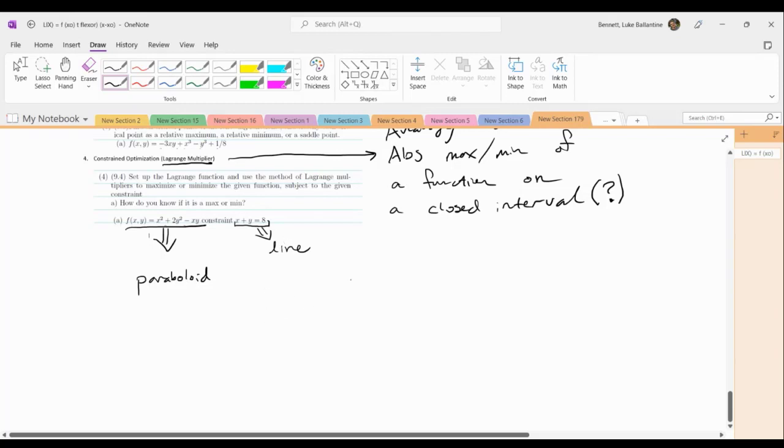So we have some paraboloid. And then we have y equals 8 minus x. So it will look like this.